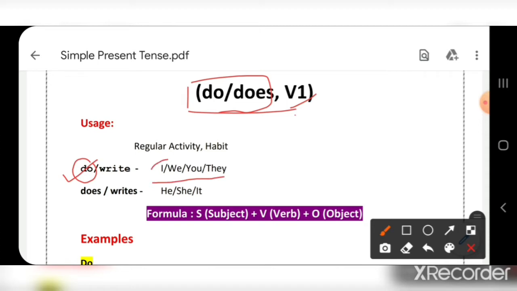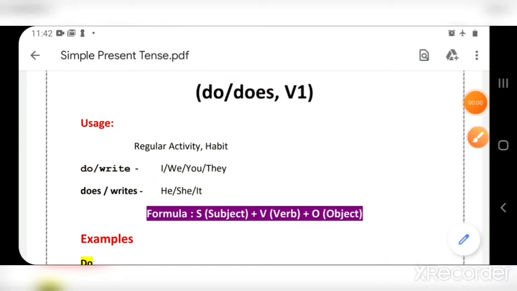Though I is not plural and is a singular subject, we use plural verb with it because it is just like an exception. Okay, now does is singular verb, so it goes with singular subject. Okay.